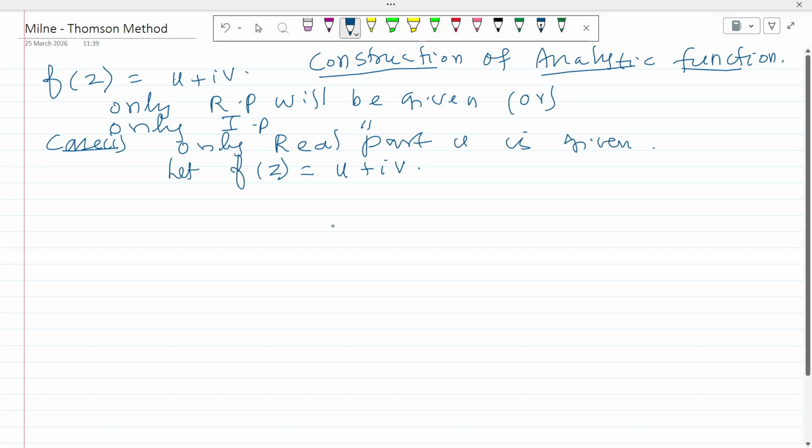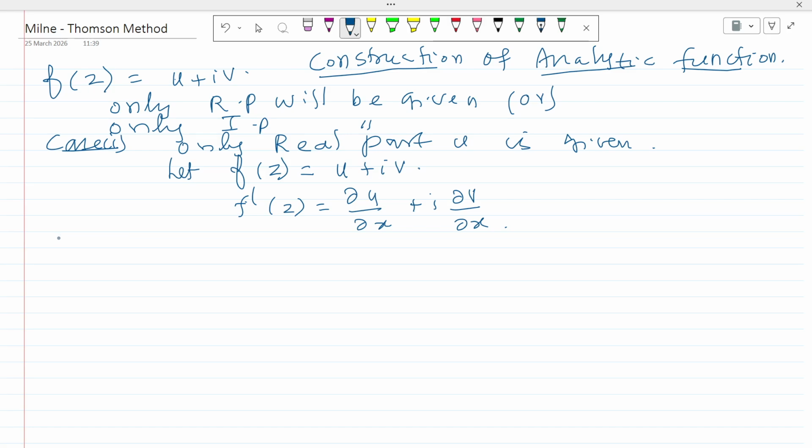Then f dash of z equals dou u by dou x plus i dou v by dou x.